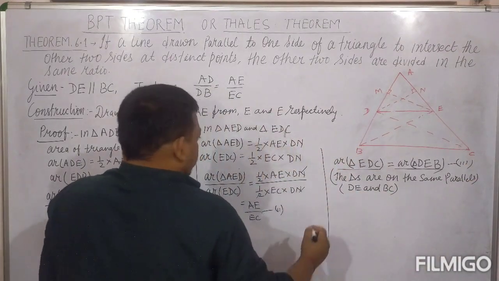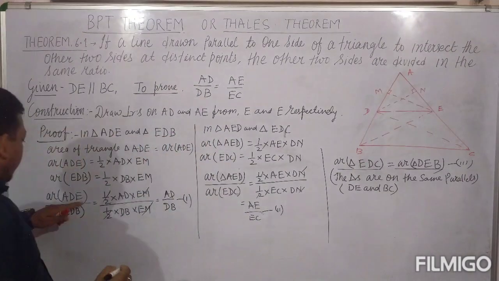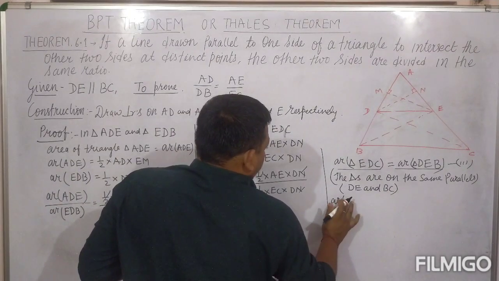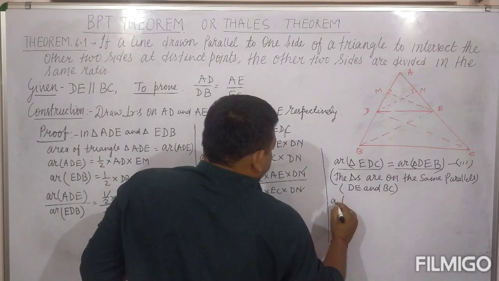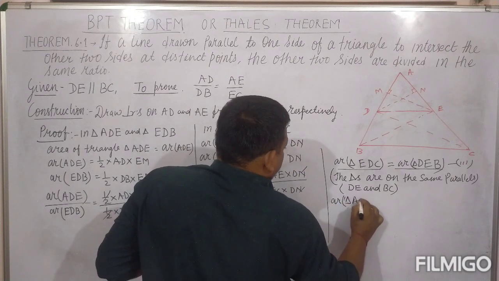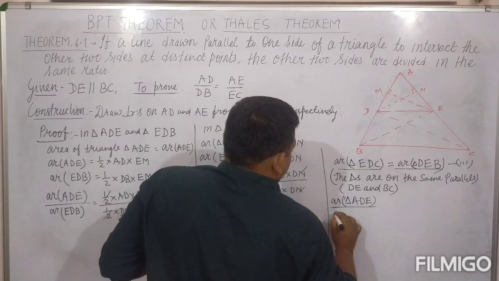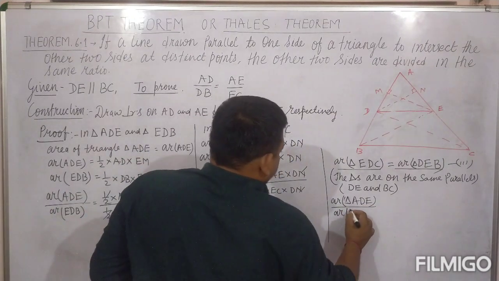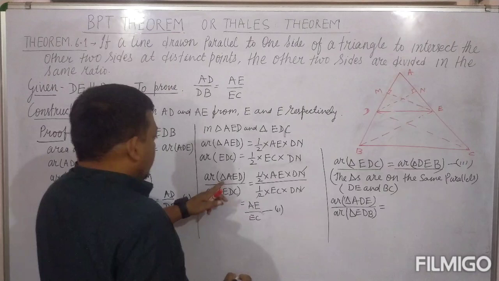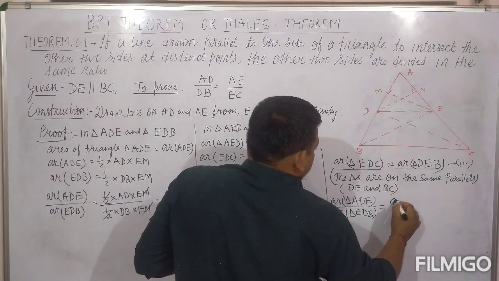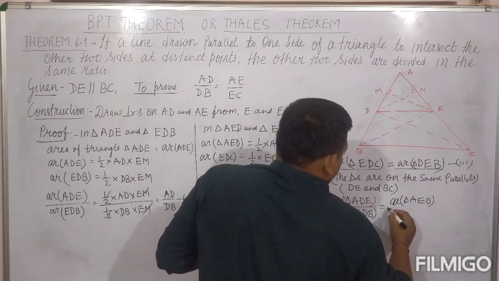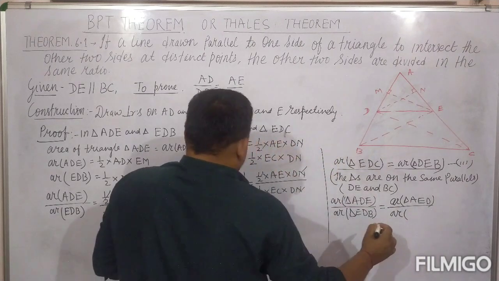So we can write area of triangle ADE by area of triangle EDB equals area of triangle AED by area of triangle EDC.